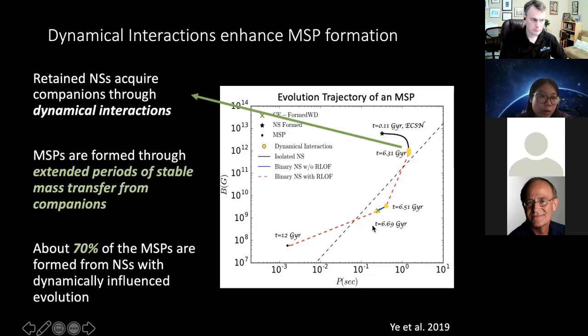This companion star also transfers mass to the neutron star and finally spins the neutron star up to a millisecond pulsar at the present day. So about 70% of the millisecond pulsars are formed through this kind of dynamically influenced evolution. And because of these frequent dynamical interactions in dense globular clusters, there are so many more millisecond pulsars per mass in clusters than in the field.